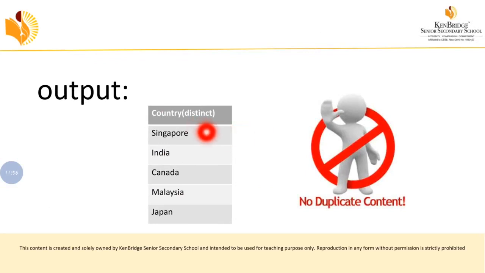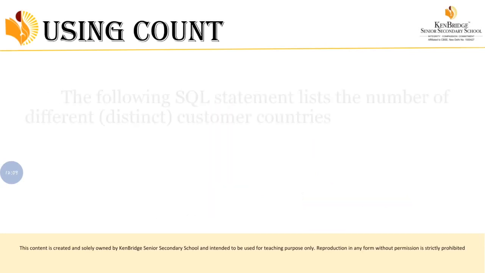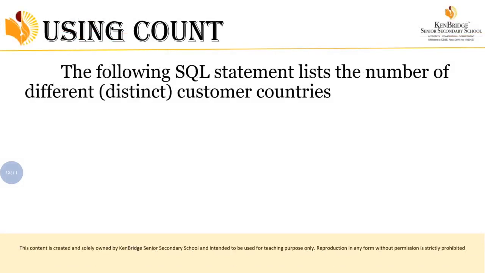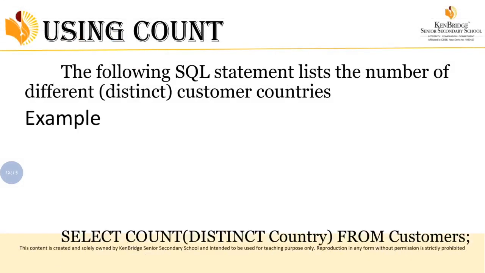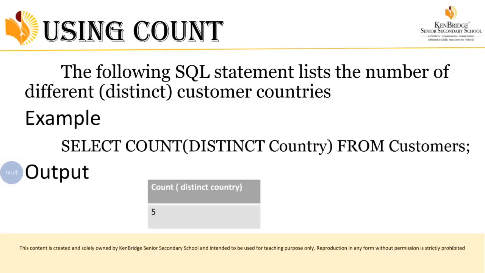Just count here: 1, 2, 3, 4 and 5. So 5 values are there. The same thing you are getting as output here. Whatever values were retrieved in distinct country, it is counted and the number is given. So totally 5 values are there under distinct country.